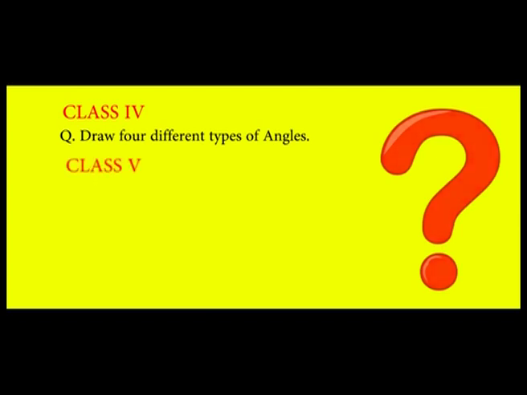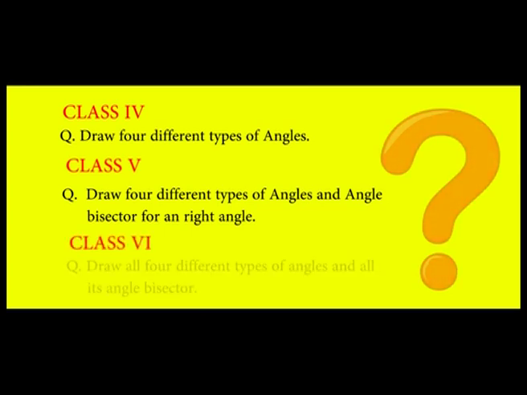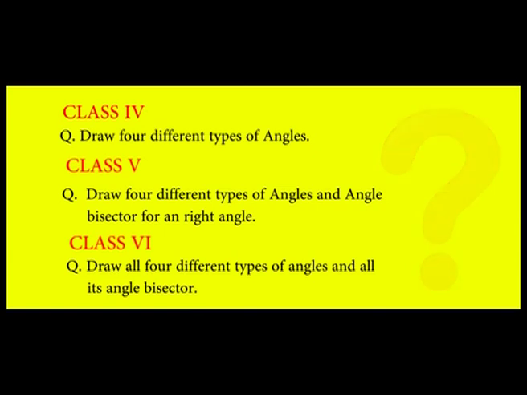For class 5, you are going to draw all the 4 different types of angles and an angle bisector for a right angle. And for class 6, you are going to draw all the 4 different types of angles and angle bisectors for all the 4 different angles.